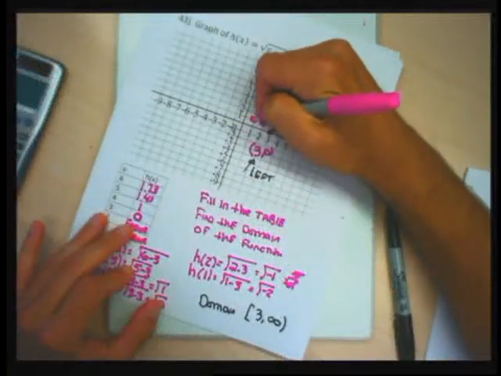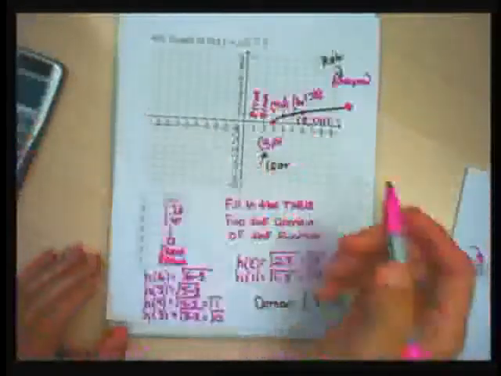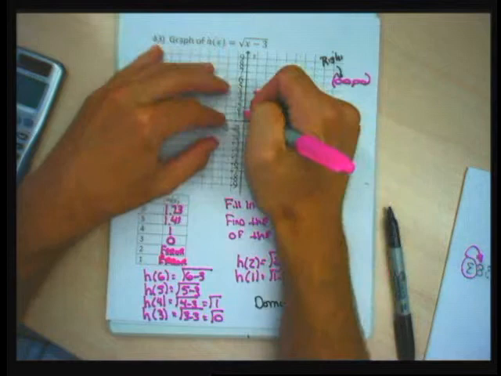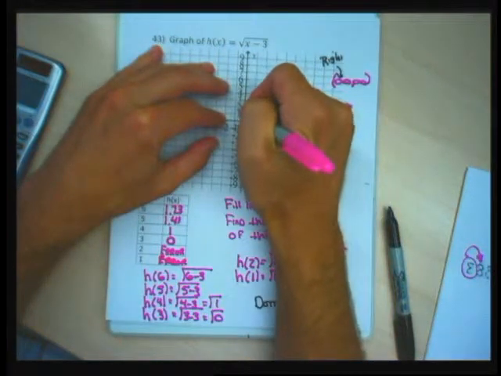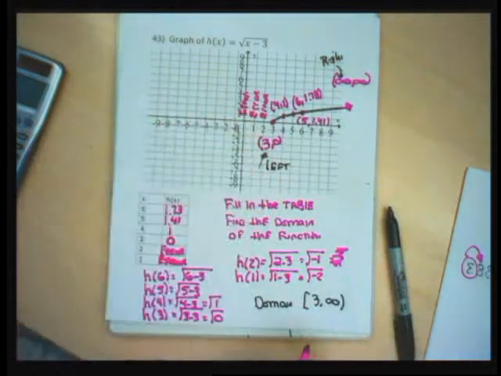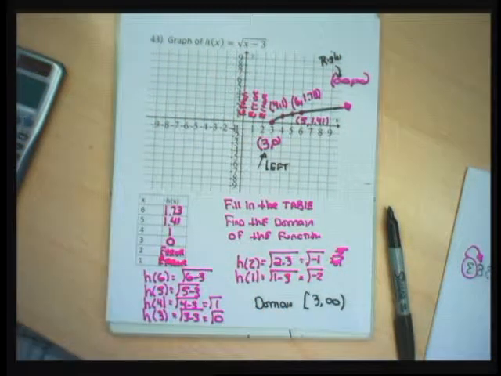So it will turn out that every number to the left of 3, if I did the next number, I'm going to get an error for all of these. And so when my computer sketched a graph, it knew the graph wasn't going to exist to the left of 3.